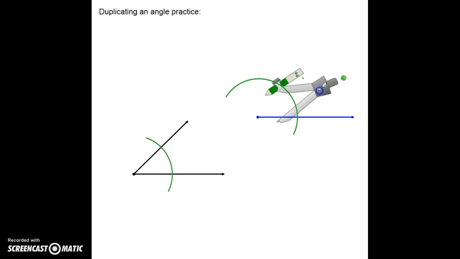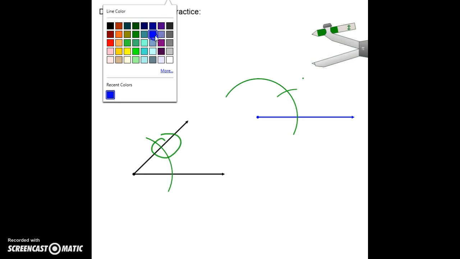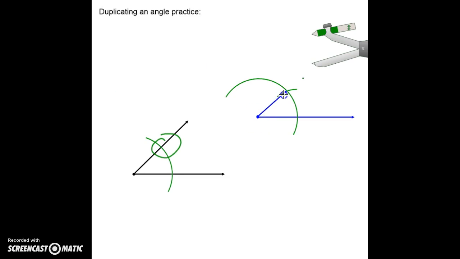I'll pick it up without changing the size, place it over here on the intersection, and make an arc mark. Now that arc mark should be the exact same as this arc mark over here. So if I take my ray again, I should be able to connect it through that arc mark intersection, and this angle here and this angle here would be identical. So I could just take my pen and mark the two angles as congruent.